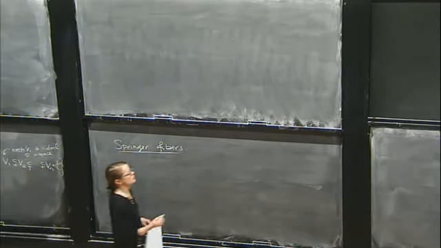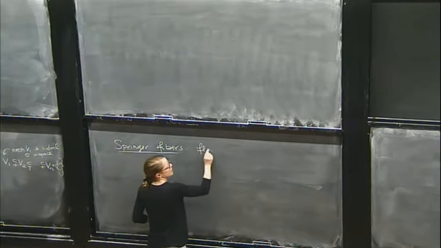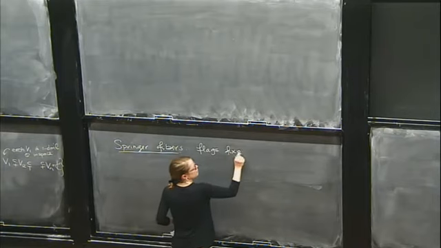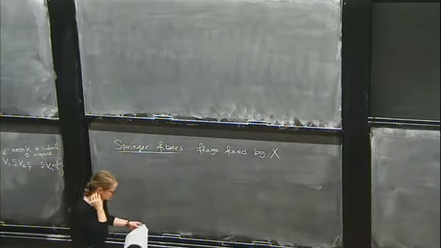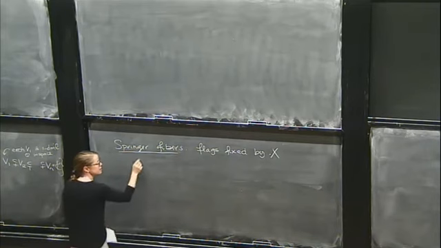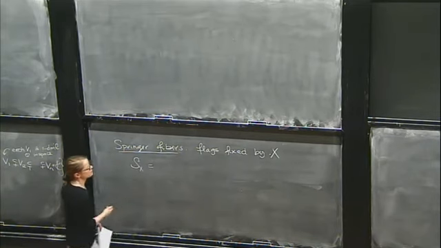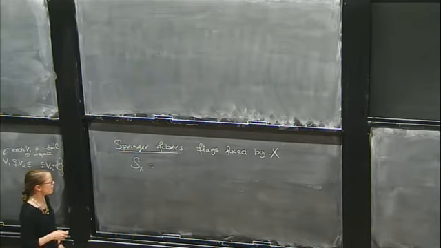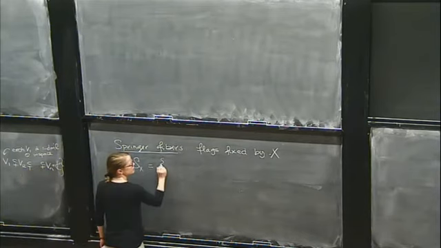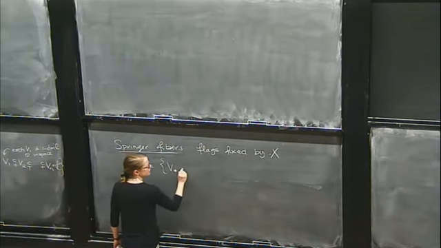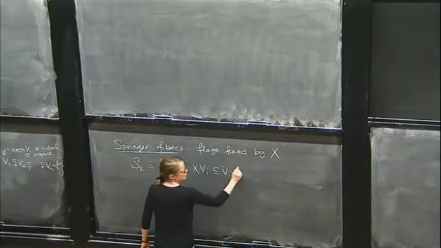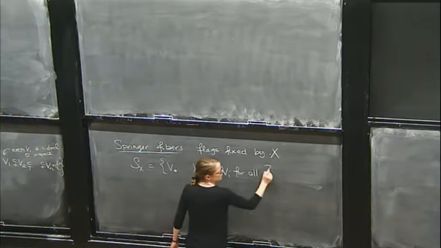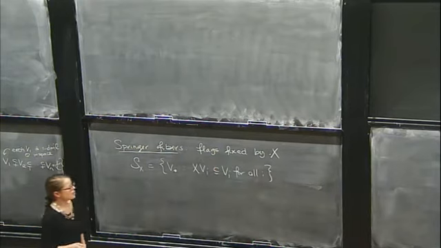Springer fibers, loosely speaking, are the flags fixed by a specific x. So more precisely, given some x, I'm going to call it curly S_x, the Springer fiber associated to x is the collection of flags such that x sends the ith part of the flag back to itself for all i.